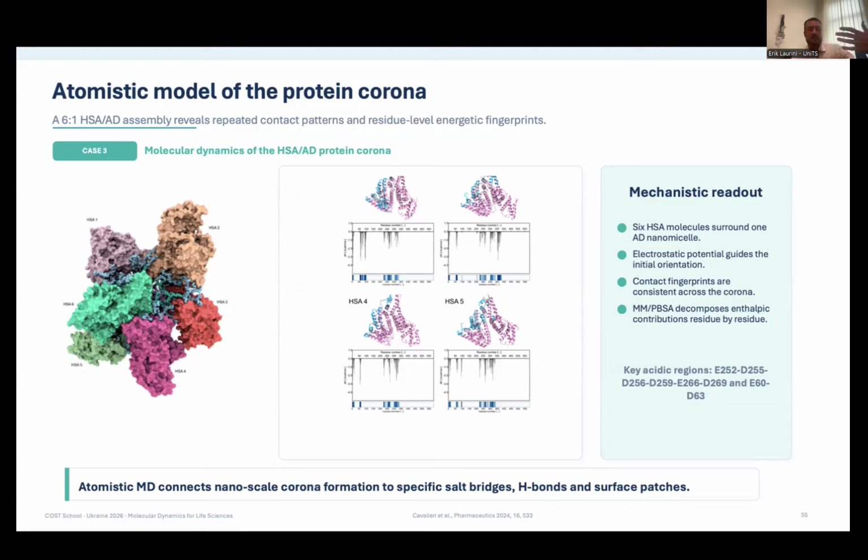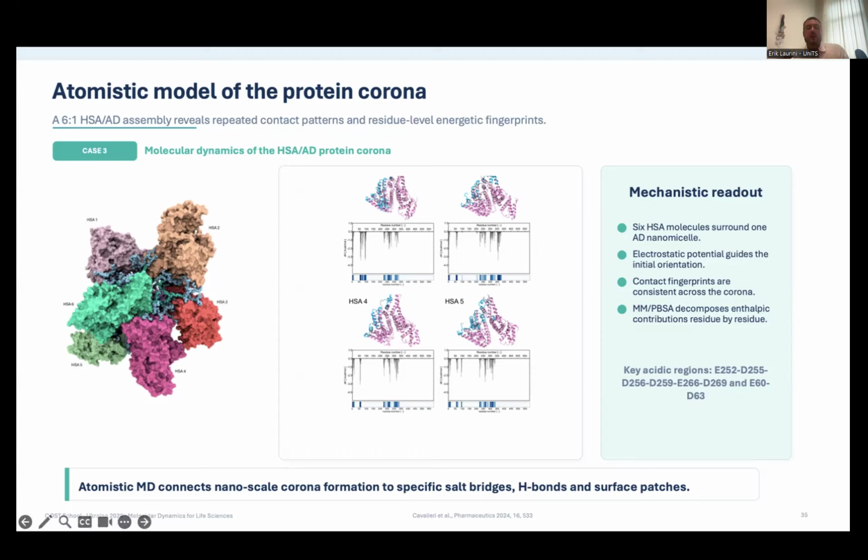With molecular dynamics simulation, we were able to corroborate the results obtained with experimental values, but we were also able to give a molecular image of the complex formed by nanovectors and HSA, the albumin proteins. Moreover, we were able to go into more detail by applying specific energetic analysis.